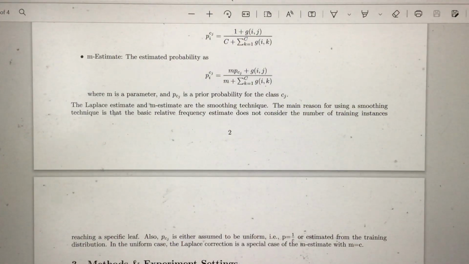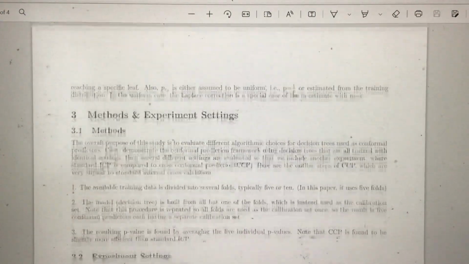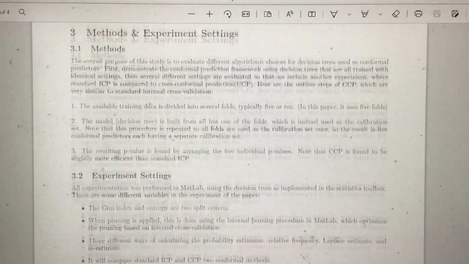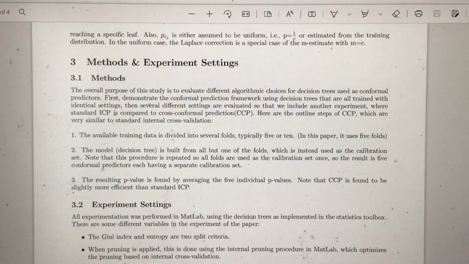Okay, so this is the background knowledge of this paper. Next part is the methods and experiment settings. The overall purpose of this study is to evaluate different algorithmic choices for decision trees used as conformal predictors. So here are the outline steps.